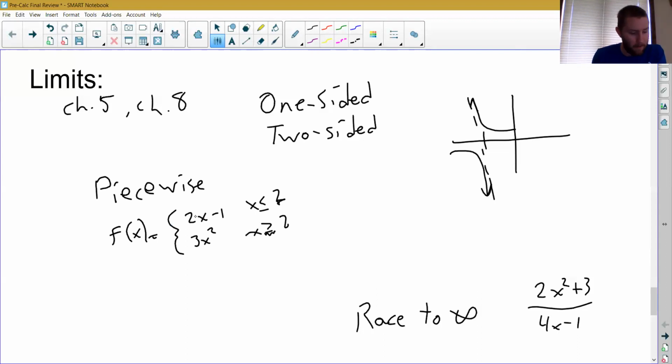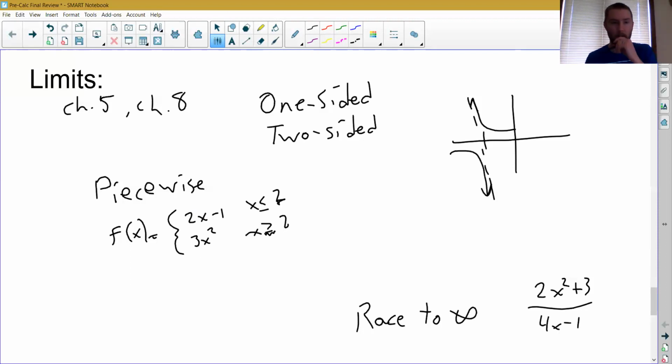We talked about a more formal definition of continuity when we dealt with limits, 3 things that were necessary, right? The point has to exist, the two-sided limit has to exist, and the point and the two-sided limit have to agree with each other. So that was also chapter 5, I think.